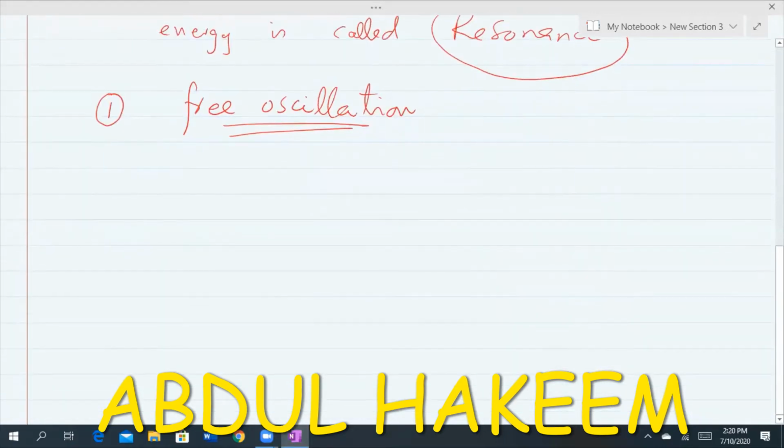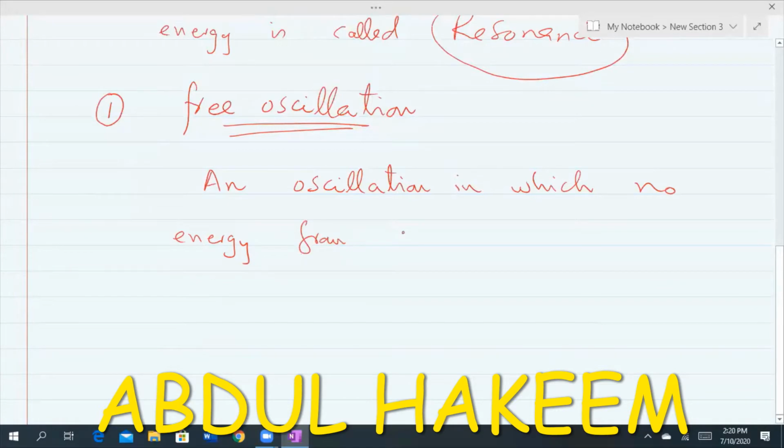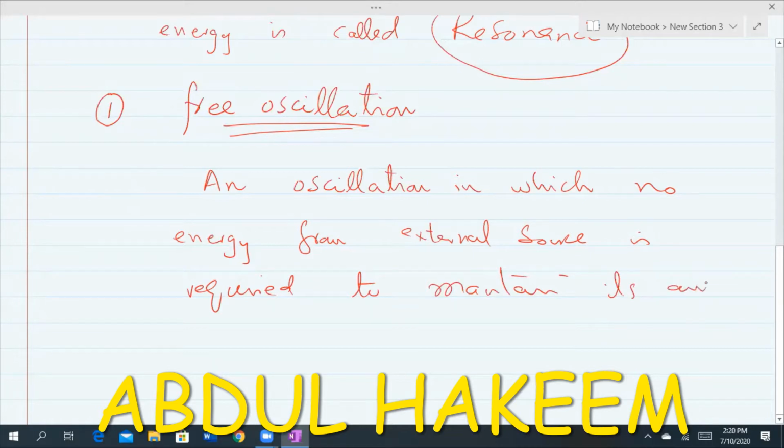An oscillation in which no energy from an external source is required to maintain its amplitude.